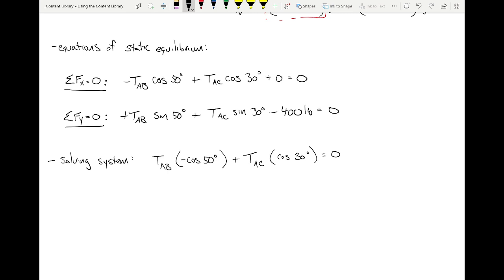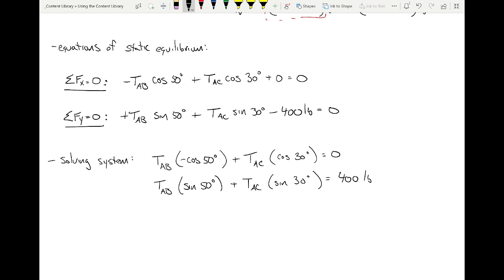And then for the second equation, I'm going to do the same thing. TAB sine 50 degrees, TAC sine 30 degrees. And then that 400 pounds, I'm going to move to the other side of the expression, and I'm going to say 400 pounds.